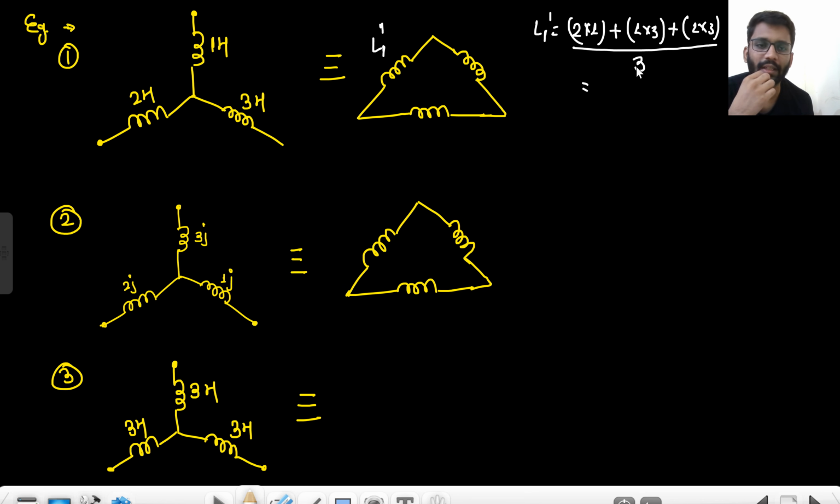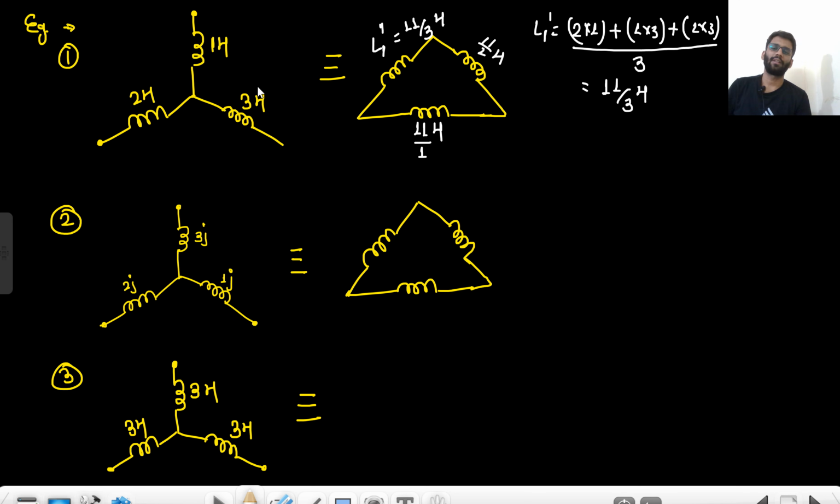So 2 plus 3 plus 6 will be 11. It will be 11 by 3 Henry. And for this it will be 11 by 1 Henry, right, and for this it will be 11 by 2 Henry, right.